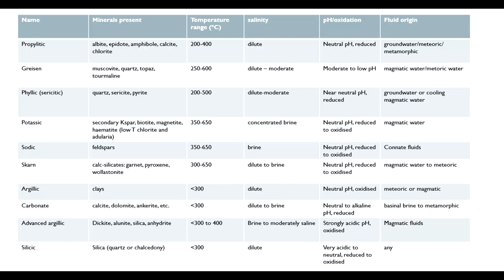All right? Anything above 650, we're talking about silicate magmatic liquids. So it's generally not that hot, and anything below 200, we're struggling to carry metals and we're struggling to change the environment. We're getting quite cold, so we don't see many mineral assemblages form.